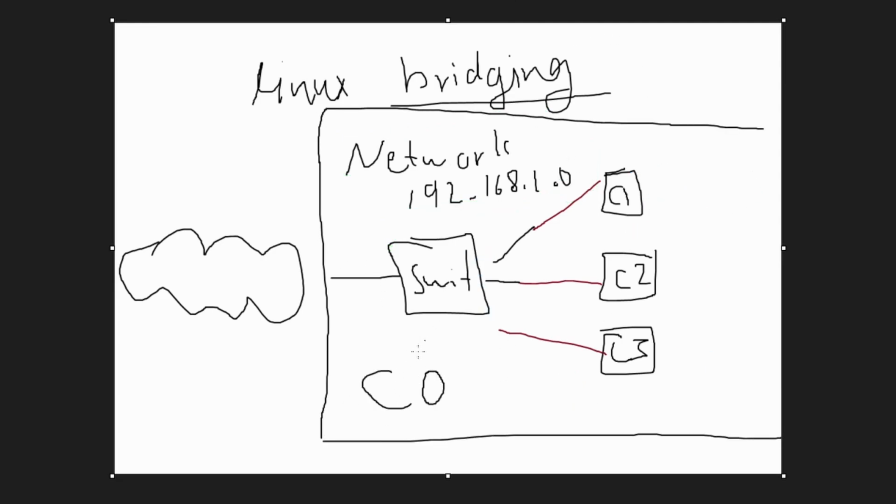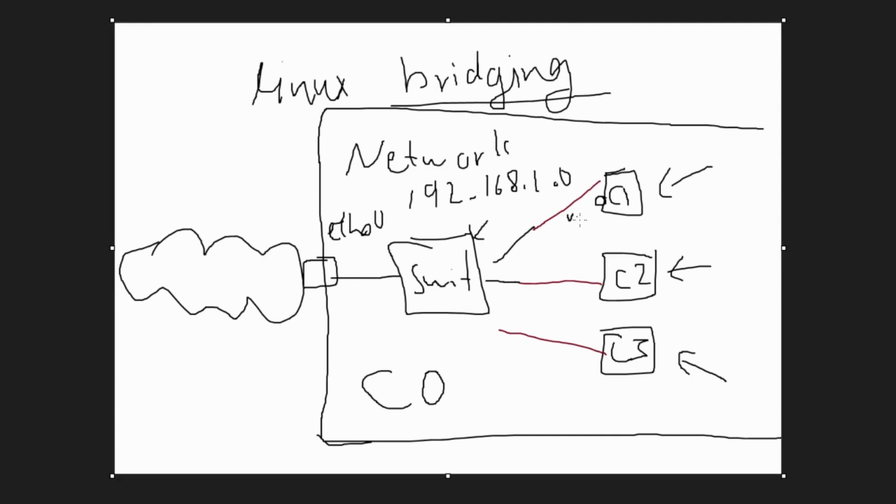Now as you can see, I have drawn a computer here that encapsulates the switch, computer 1, computer 2, and computer 3. Now these computers, let's imagine they are virtual machines running inside computer 0. So computer 0 will have an interface, let's call it Ethernet 0 for instance, and each of these computers will have a virtual interface.